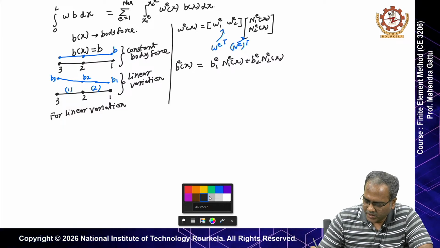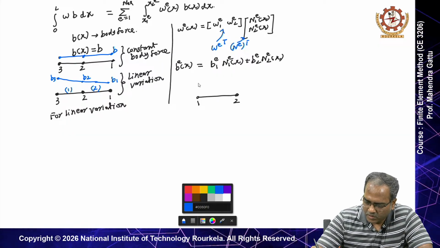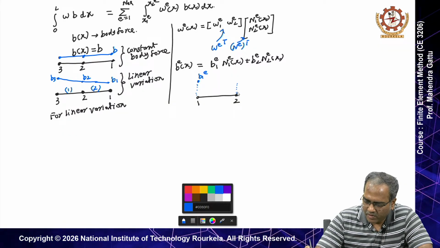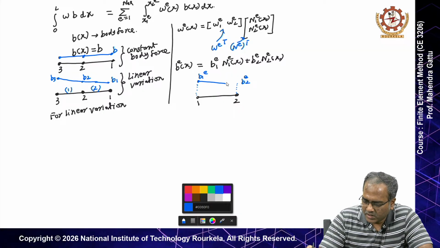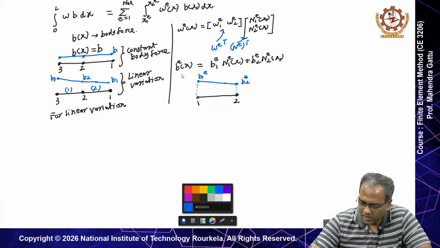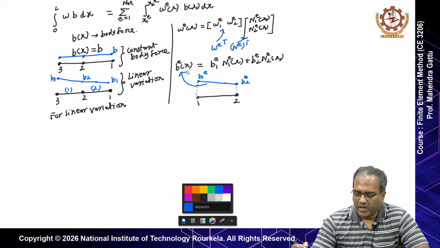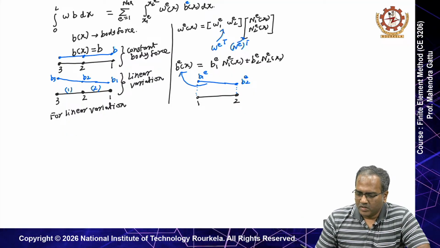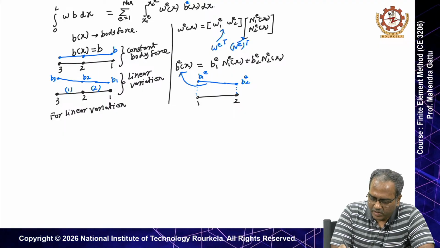So what it means is that at node 1 we have a value of b1 e, and at node 2 we have a value of b2 e, and in the intermediate space it is a straight line. Okay. So this is our b of x. So the integral from x1 e to x2 e, that we will go ahead and write.